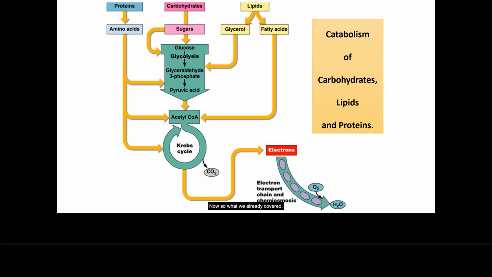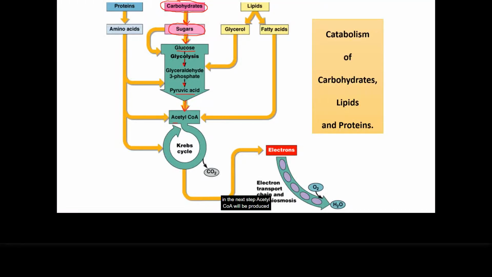Now, we already covered how our body makes energy from carbohydrates, and it's shown here. Complex carbohydrates break down to simple ones, sugars break down to glucose, a monosaccharide. Then glycolysis happens, and during this process pyruvate is produced.